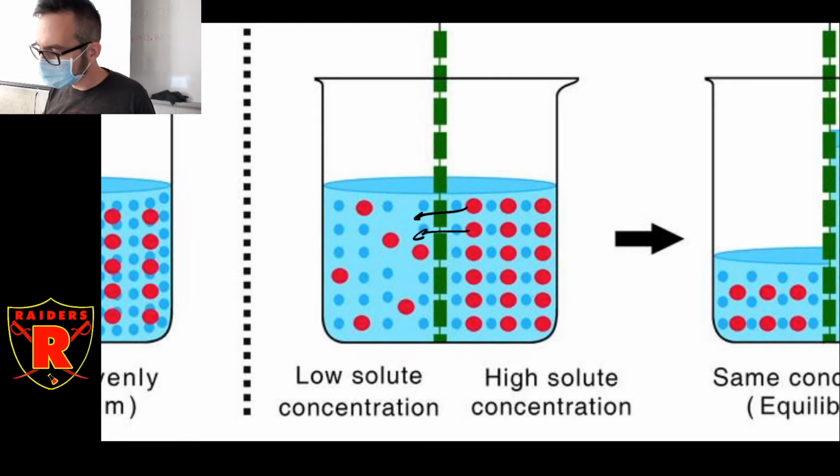But the cell membrane doesn't let those things go through the membrane. But it does let water go through the membrane. So instead of the red things moving from one side to the other, you're going to get water moving to try and make them the same concentration on both sides.